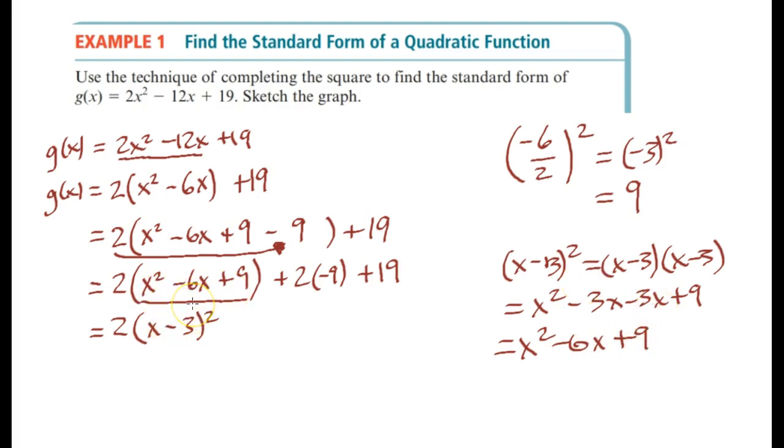That's what's really nice about completing the square. We have the ability to factor really nicely. And then lastly, we just need to simplify what's over here. 2 times negative 9 is negative 18, plus 19 is 1. So this just simplifies to plus 1. And there we go. We have completed the square, and we're in the standard form for a quadratic function.